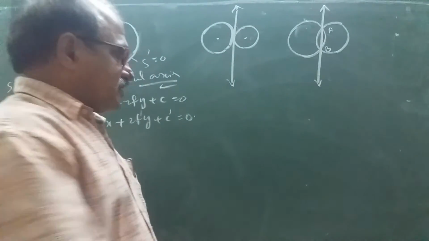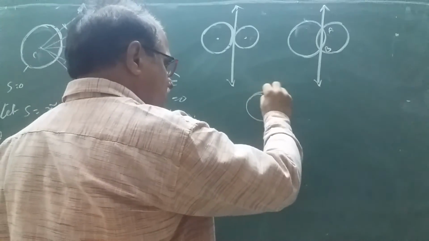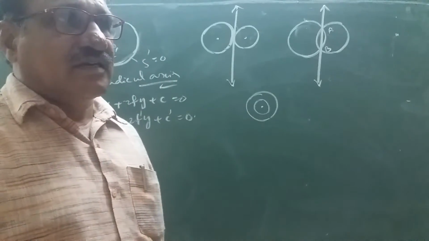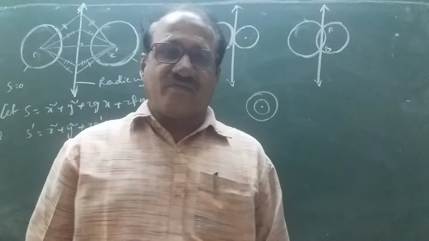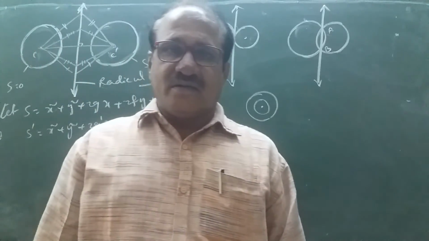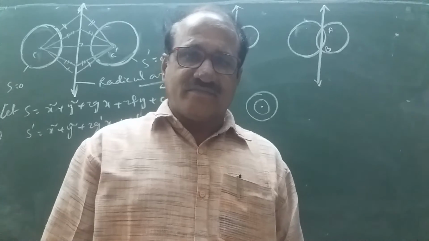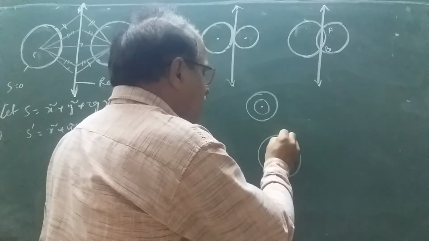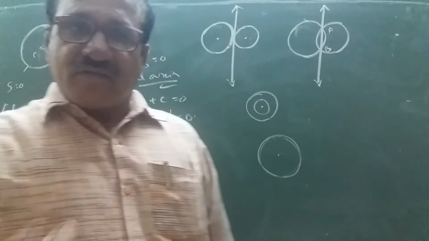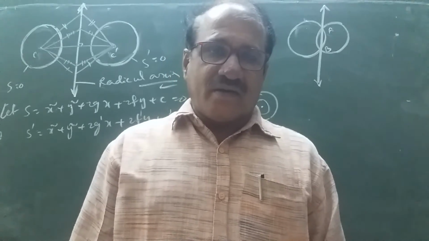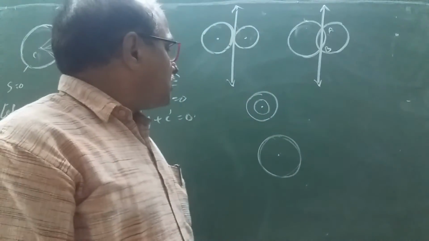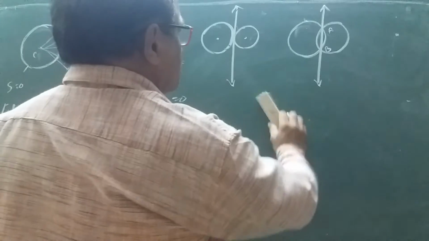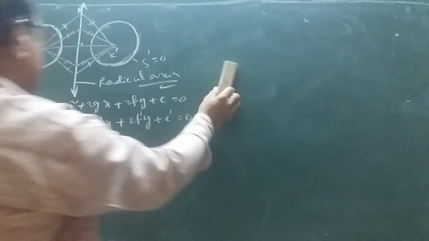If two circles are like this, concentric with different radii, then the locus does not exist. If two circles are like this, with the same radius, then the total plane will be the radical axis. You have to remember these cases very well.